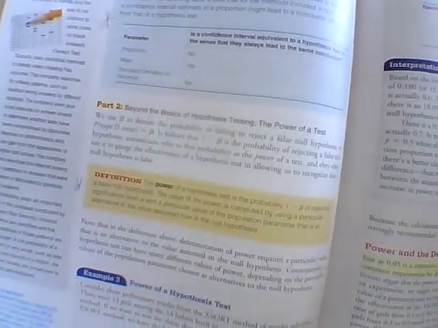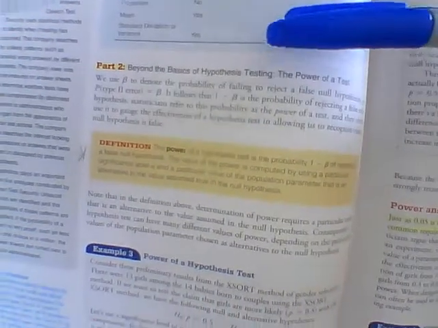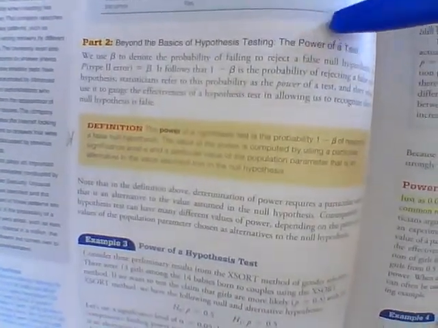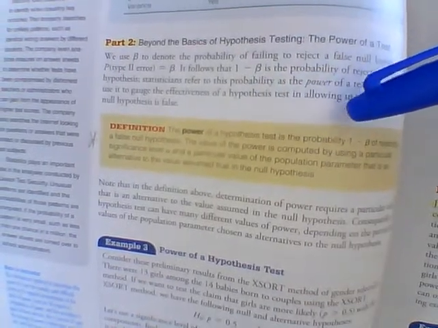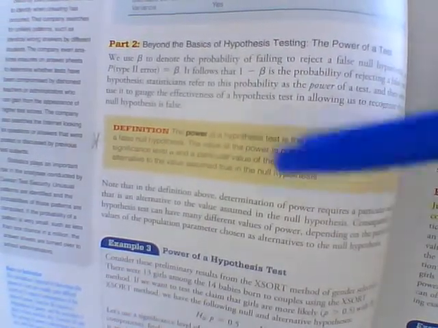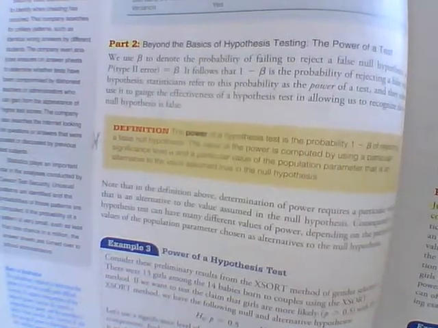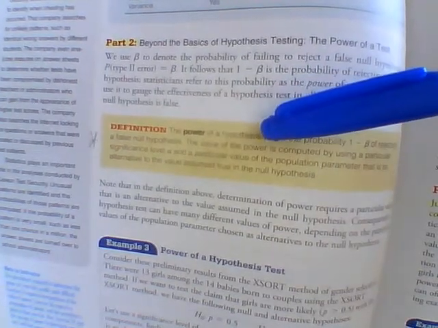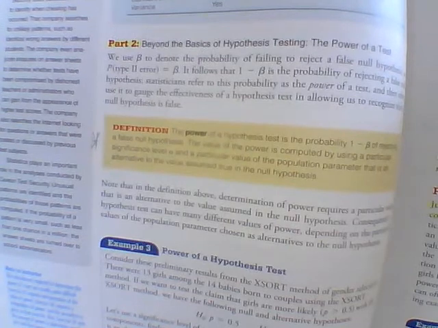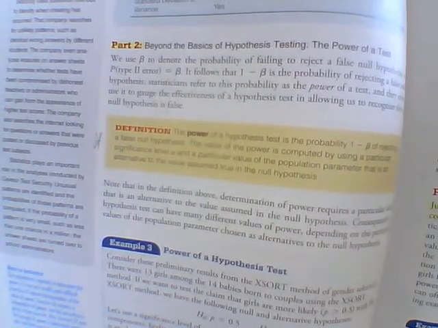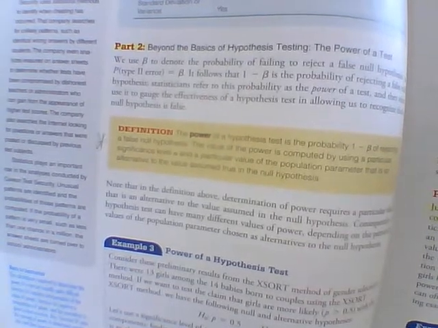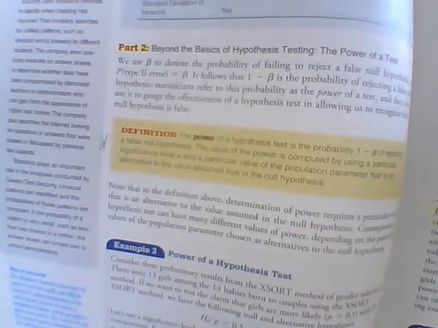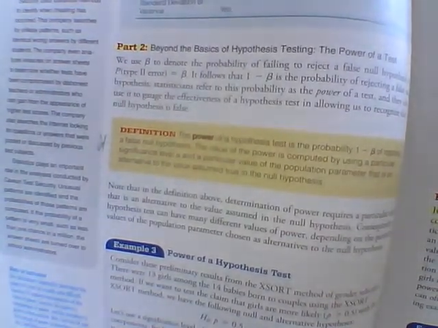In part 2, we go beyond the basics of hypothesis testing and talk about the power of a test. So the power of a hypothesis test is the probability 1 minus beta of rejecting a false null hypothesis. The value of the power is computed by using a particular significance level alpha and a particular value of the population parameter that is an alternative to the value assumed true in the null hypothesis.